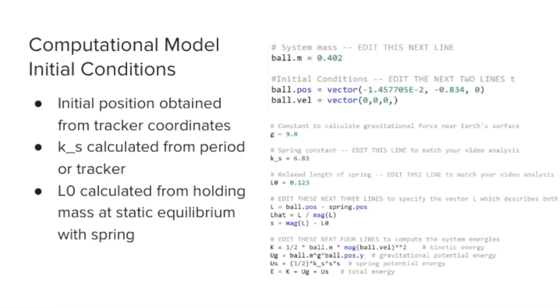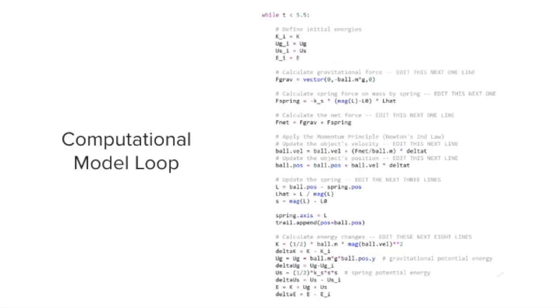And we solve for those numbers, and you can see the results on screen. In the loop part of the code, we can see that we're trying to find the change in all the different energies and the change in total energy by making an iteration each time, the initial and final, so we can graph the energies, the change in energies.